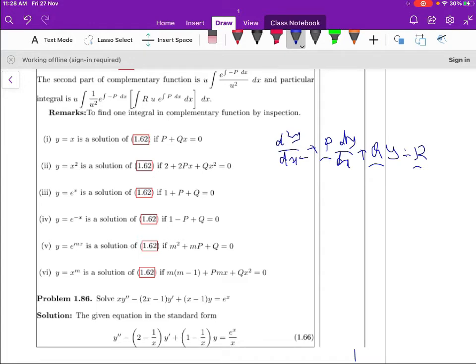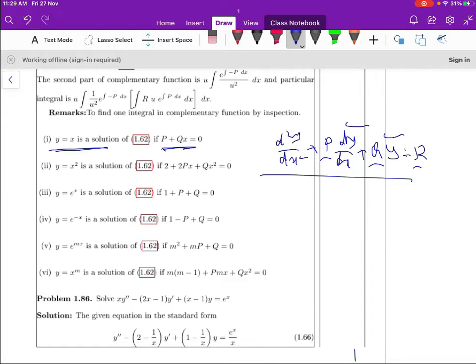Suppose if p plus qx is equal to 0, where p is the coefficient of dy by dx and q is the coefficient of y, then we can consider y is equal to x is a solution of this equation, or the first part of the complementary function.